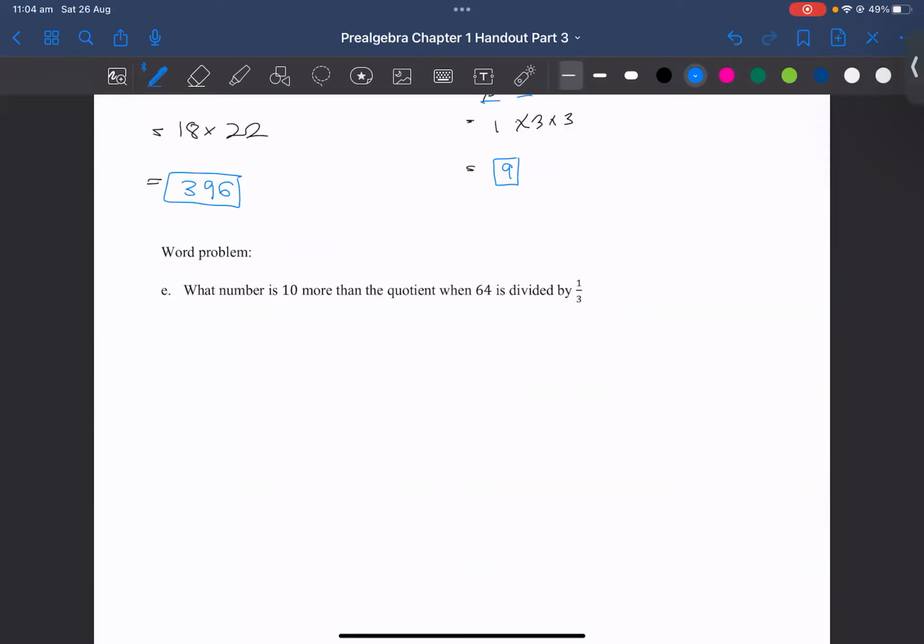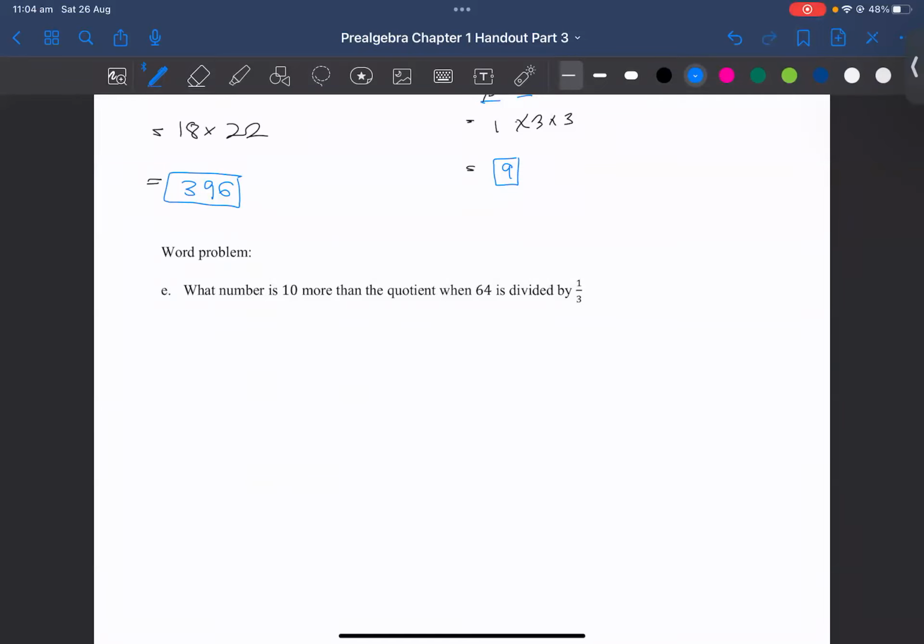I'll tell you something. Every single question in this chapter, except the reciprocal questions, has a whole number answer. If you get a non-whole number answer, it's going to be slightly unusual. But it's divided by 1/3, not divided by 3. What happens when you divide by 1/3?